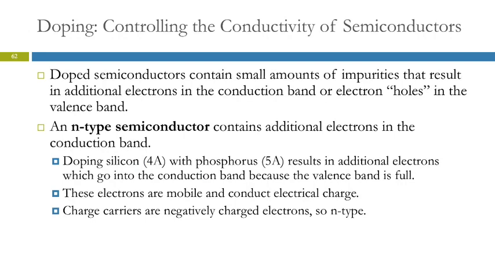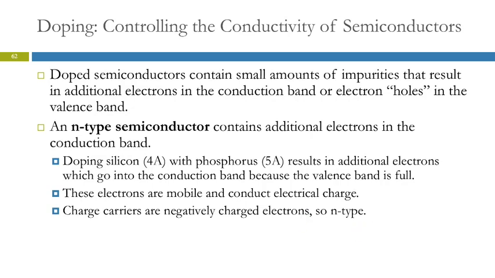So now in the semiconductor, we've got some electrons that are always in the conduction band, and so we have better conductivity for the semiconductor. It's called an N-type semiconductor because what's carrying the charge is those extra electrons. The electrons are negative, and so this is called an N-type semiconductor.